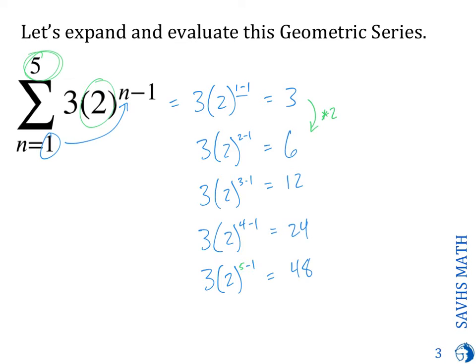So then you add those up and you get 93. So again, same process as we've been doing. It's the same thing. It's just that this is a geometric series, and we can see that because of that multiplying rule there. I can also identify that just by looking at the formula in the summand, and you can see that that summand has a geometric series and sequence in it.